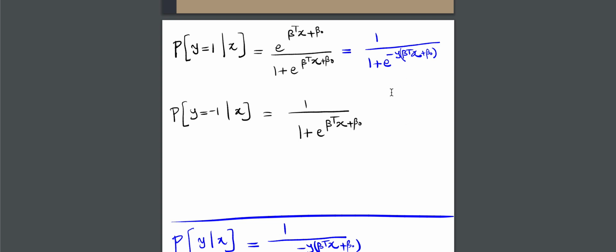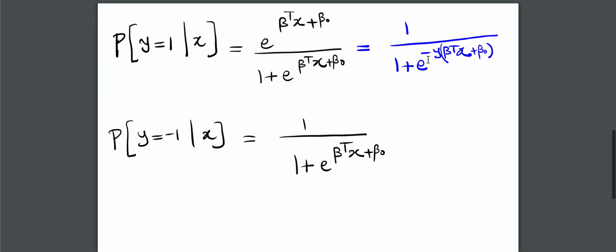One second, sorry, there's a mistake here. Let me correct that. No, actually, there is no mistake. So if y is 1, you have 1 here, so you have 1 over 1 plus e to the power of negative beta transpose x plus beta 0, right? So this is correct. This is also correct. But that's for -1.